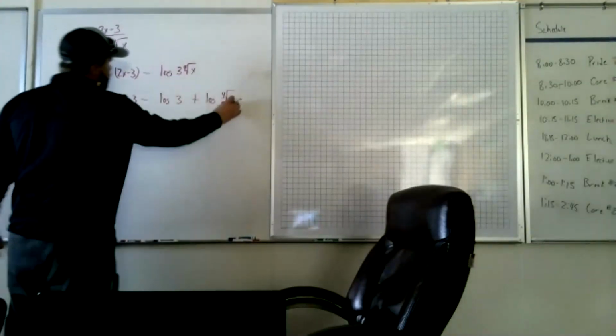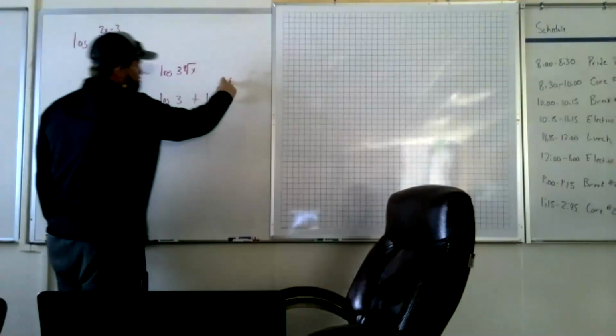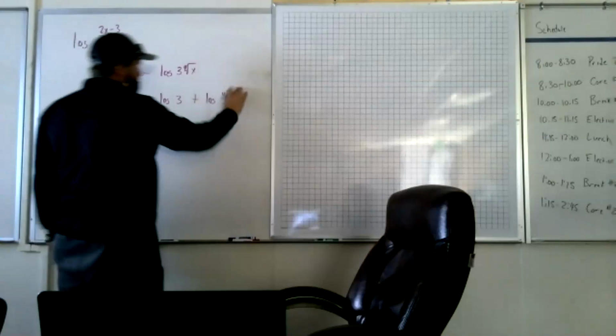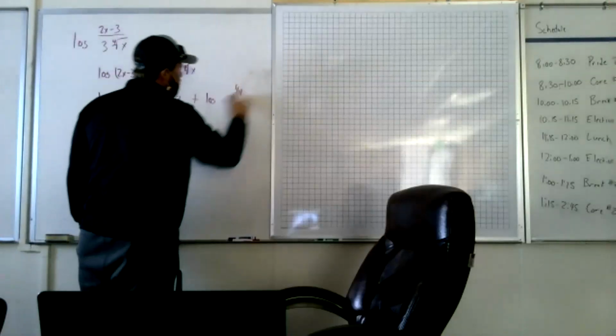However, since it's the fourth root of x, remember that's really x to the 1/4, right? Fourth root of x through rational exponents, that's x to the 1/4. They're equivalent, right?